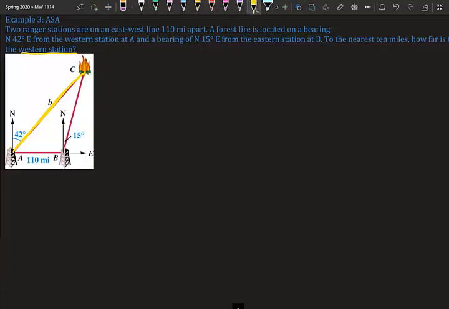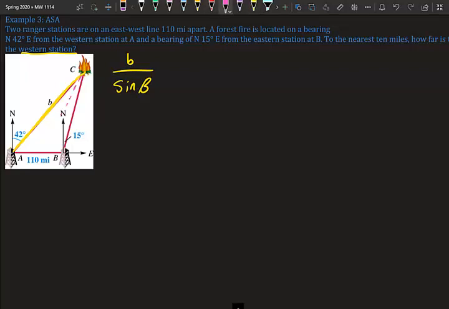And then we're given the distance between the stations, which is 110 miles. So we're trying to find B. That's what we're trying to find. So we obviously know we're going to have B over sine B. So I have to figure out what else we can use. Let's see what else we're given via distance.